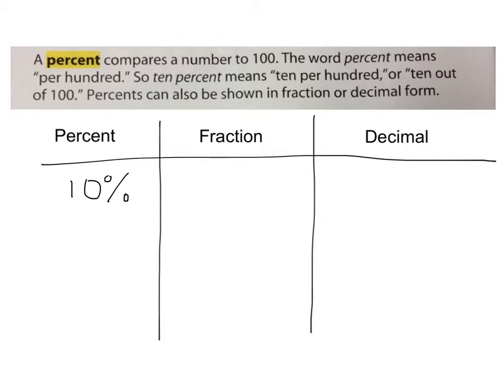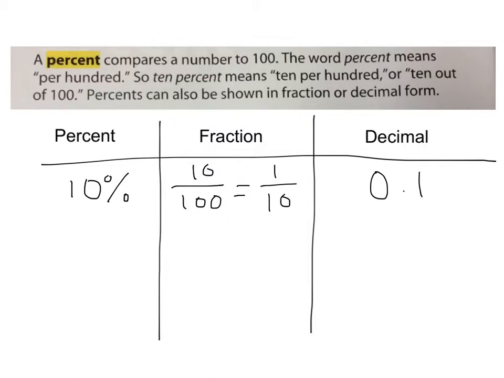Sakshi? Before we simplify it though, 10 out of 100 is 10 100ths, right? And then of course I can simplify that to 1/10. And then what's the decimal form of 1/10 then? Atharva? 0.1. Very good. Carmel, will you please take off your hood?